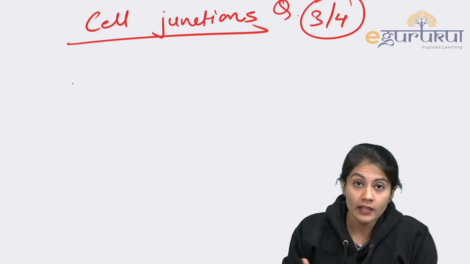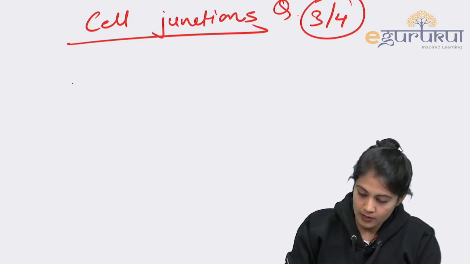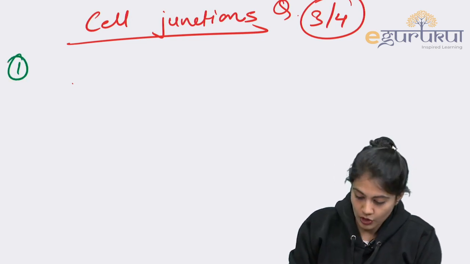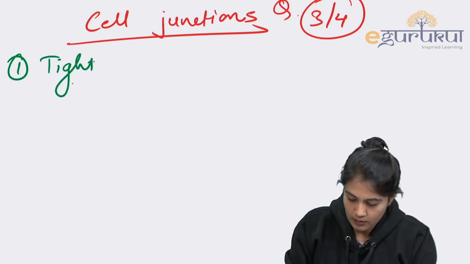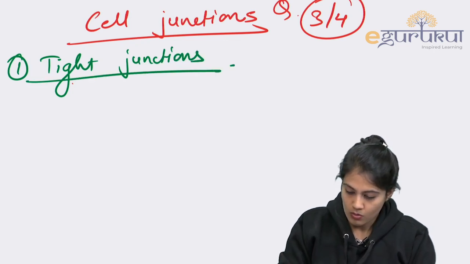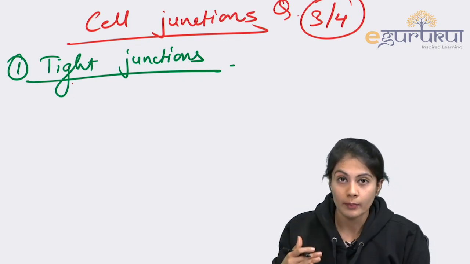Depending on how they are attached, their properties differ, right? First, there are junctions which are tightly adhered to each other, so they are known as tight junctions. Tight junctions, right?